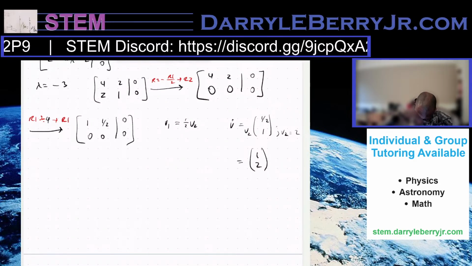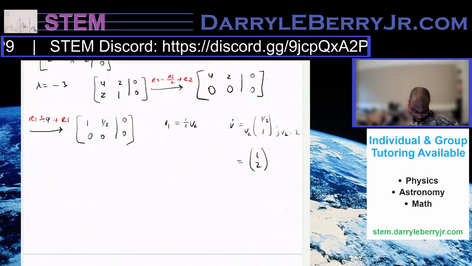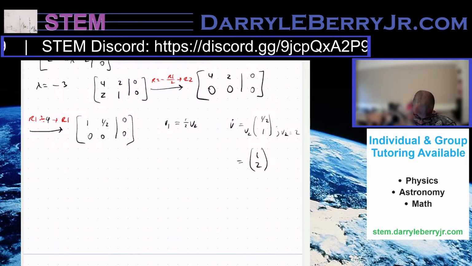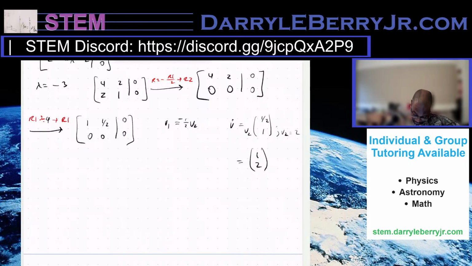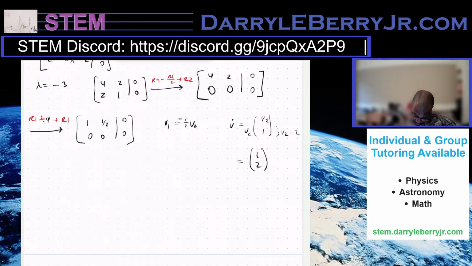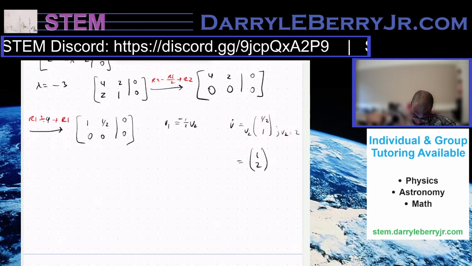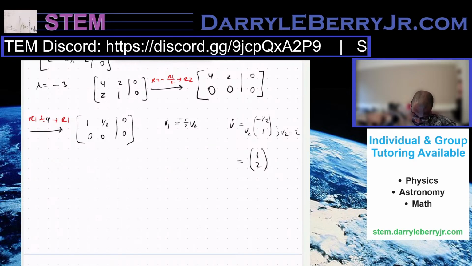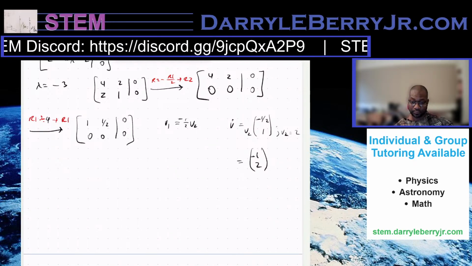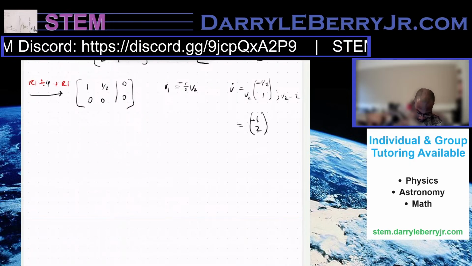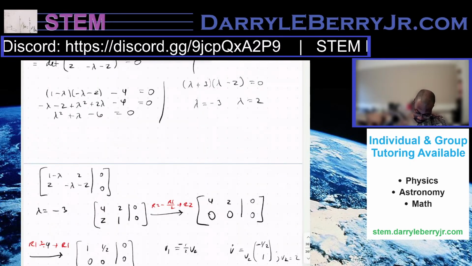Let me make sure I did this properly. Okay, this is negative. The first thing would be negative. This would be negative, right? So lambda equals 2.